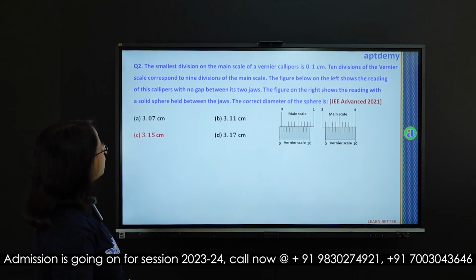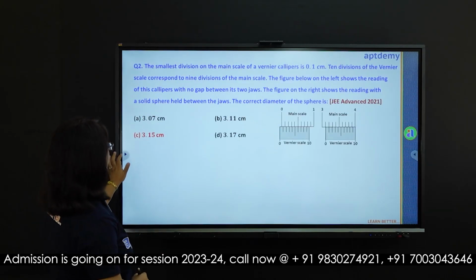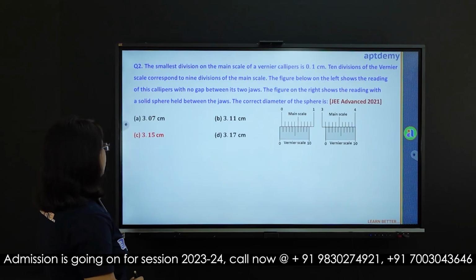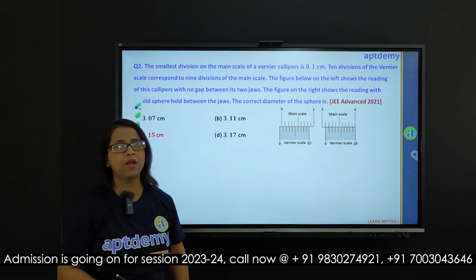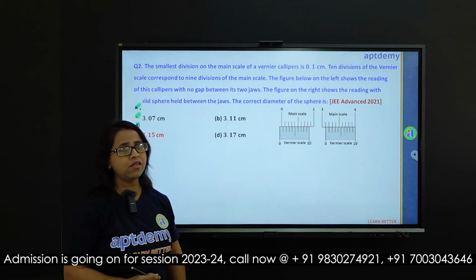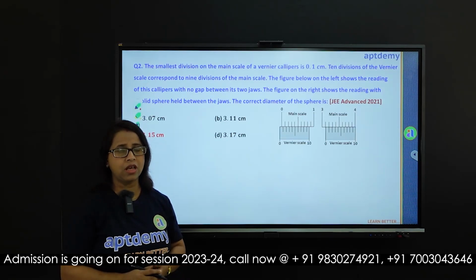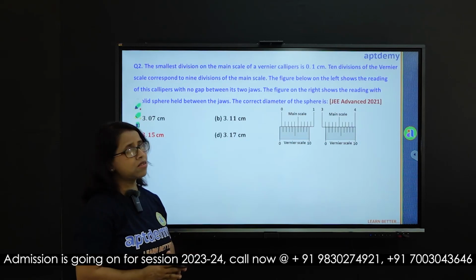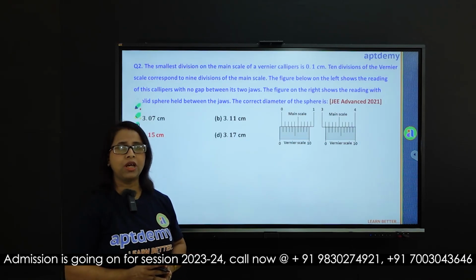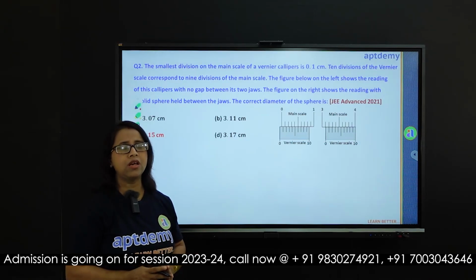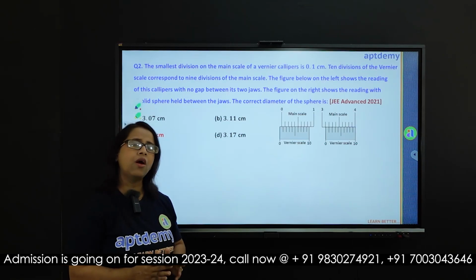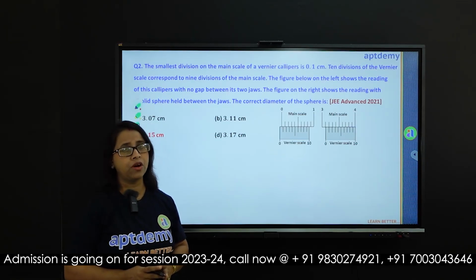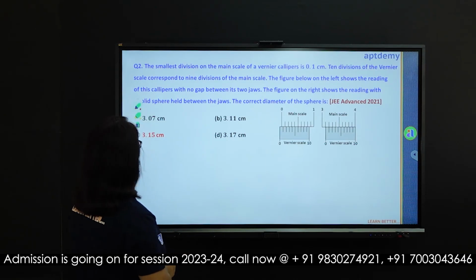Now let's have a look at the second one, which bears one of the instruments of measurement of distance, a very important one. This is the case of a vernier calipers. Now, we have been using a meter scale regularly. For a meter scale, the smallest measure that we can take accurately is equal to 1 millimeter. Now, let us look at the case of a vernier calipers.